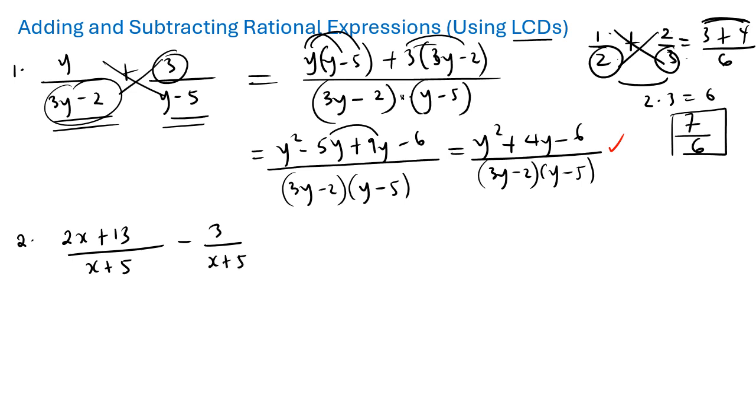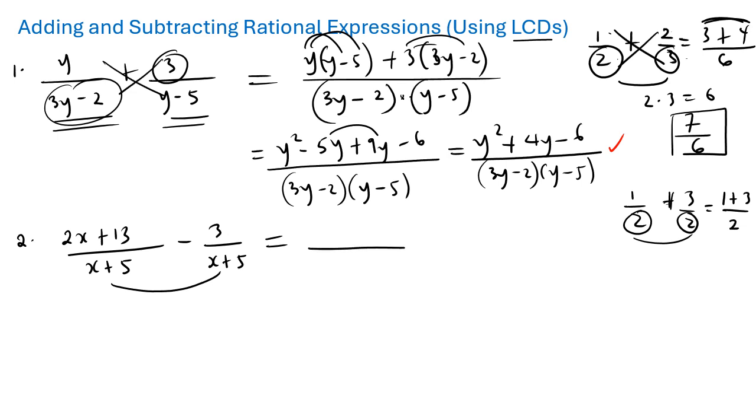I like this problem. This problem looks like we have the same denominators. When you have the same denominators, it's just like when you're doing 1 over 2 plus 3 over 2. This is what you call like fractions, and in that case you just keep one of the denominators, they overlap, you just keep that, and you just add the top. Same thing we're going to do here for these rational expressions.